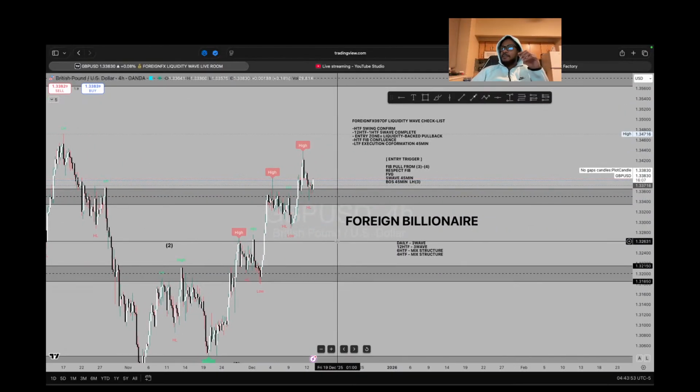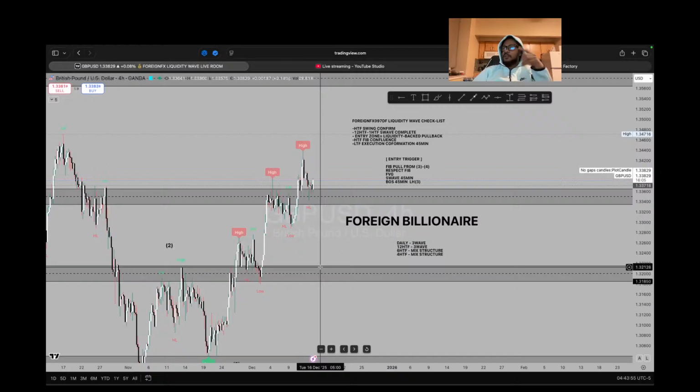The daily time frame has 3 wave, 12-hour 3 wave, 6 hour mixed structure, 4 hour mixed structure. So in my eyes only 2 time frames are going in the same direction, and 2 time frames are very mixed. They don't have a very solid, clear direction on where price would like to go.